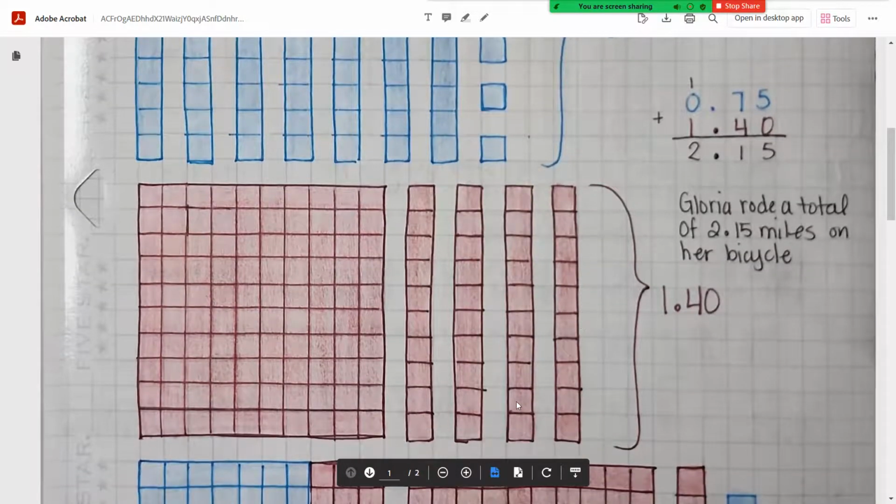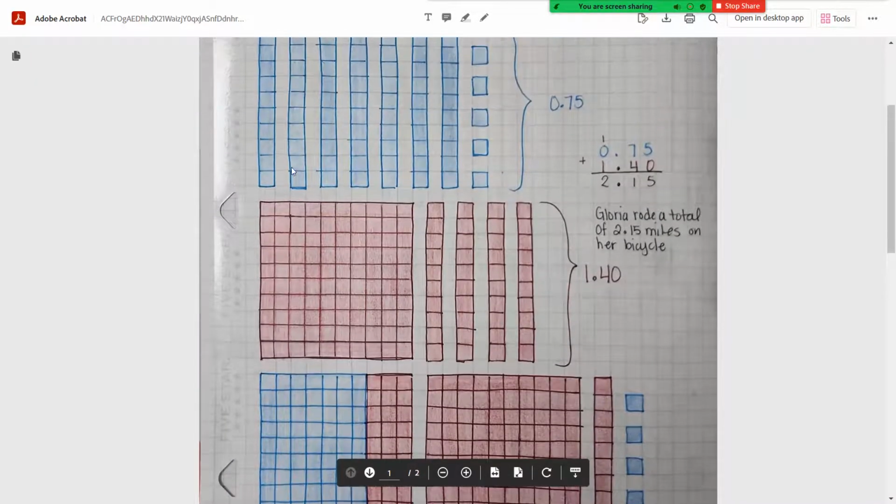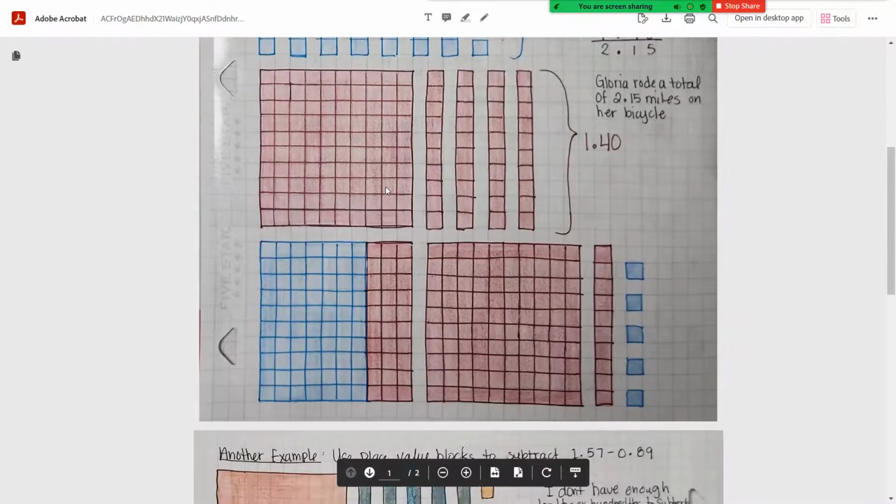Now, what I can do, or what I did do here, is I combined them. I'm going to zoom out a bit so you can see. I took my 7 tenths over here, plus 3 of my tenths from here to make a group of 10, to make 1 whole, plus the other whole that I already had.